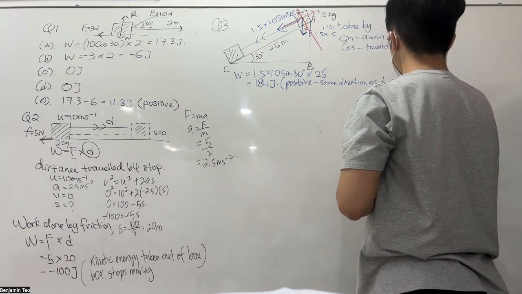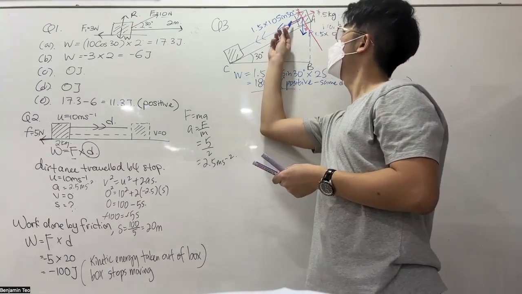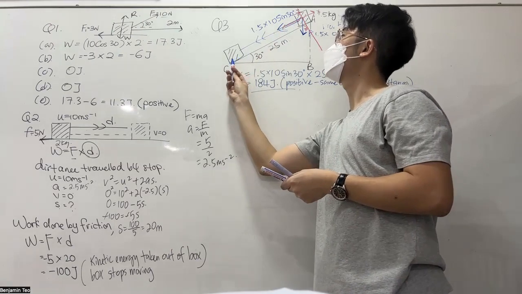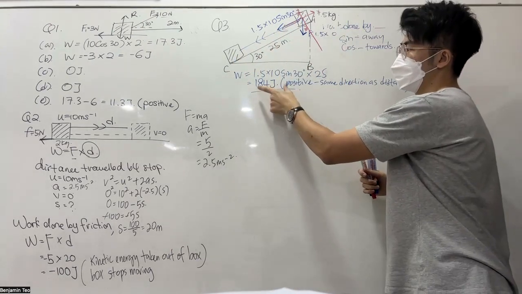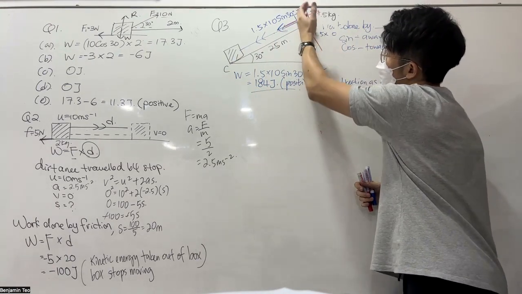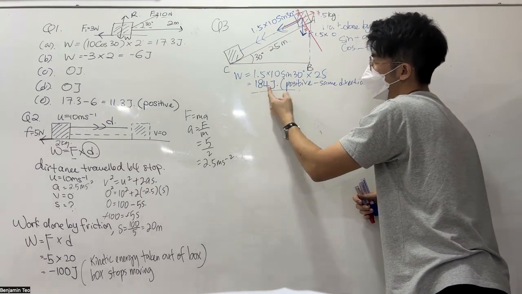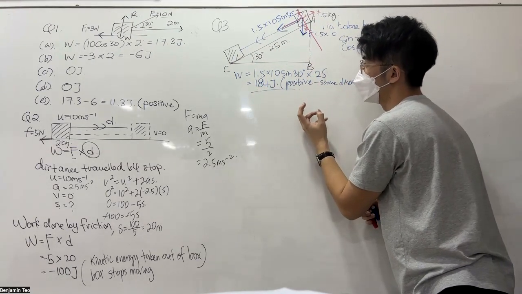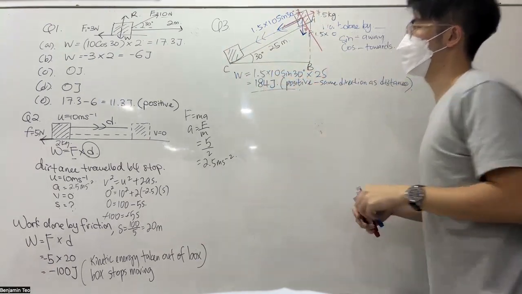Positive work will increase kinetic energy. So the speed down here will be greater than the speed up there. Who is doing the work again? The gravity, the weight, which is the gravity pulling it, is doing work of 184. That means the gravity is adding kinetic energy to the box, 184.